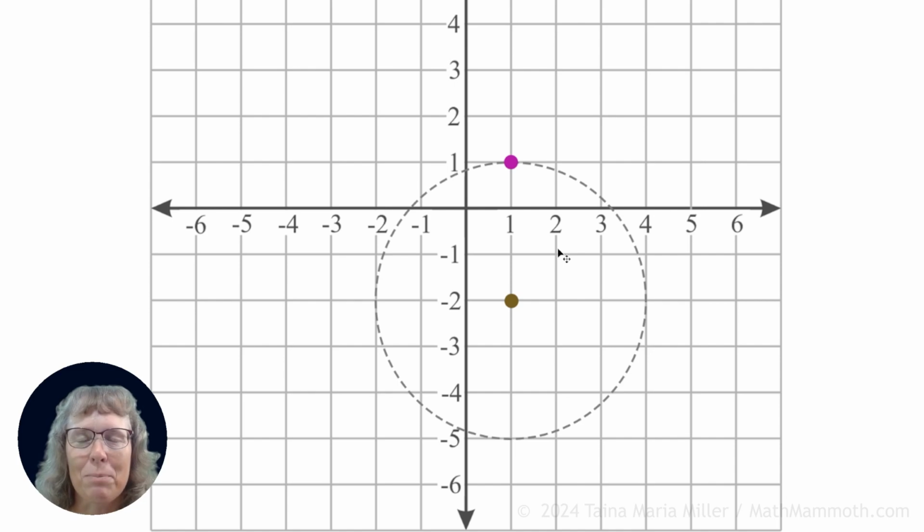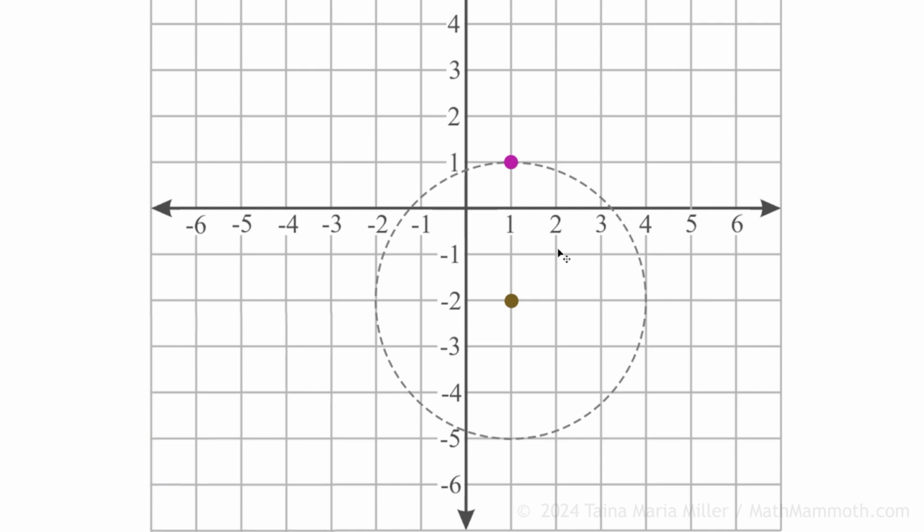Previously, we rotated points around the origin in the coordinate grid. Now we're going to look at rotating points around other points, not the origin. Essentially, the concept is the same. If I have a point here, and I rotate it around the brown point, it goes around a circular arc, and the circle is centered at this brown point. Now if I rotate this exactly 90 degrees clockwise around this point, where is it going to go?